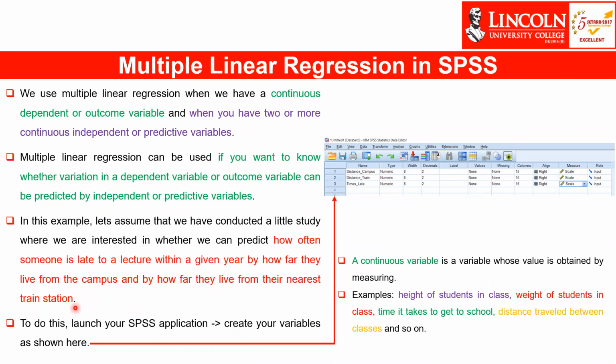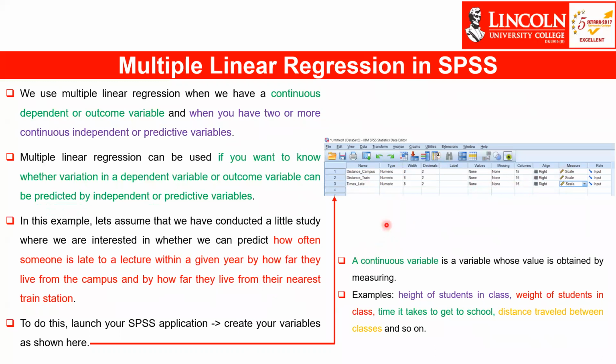So now, to do this, we launch our SPSS application and create your variables as shown here. So we have three variables: distance campus, distance train, time late. So we just separate those words by underscore. Then we assign the following variables.